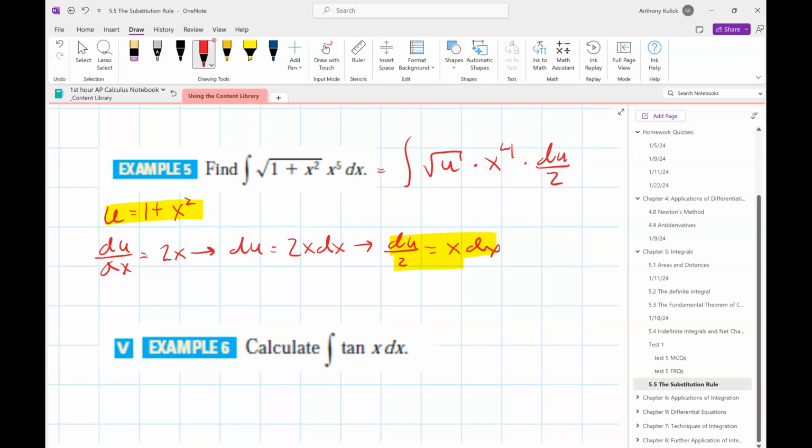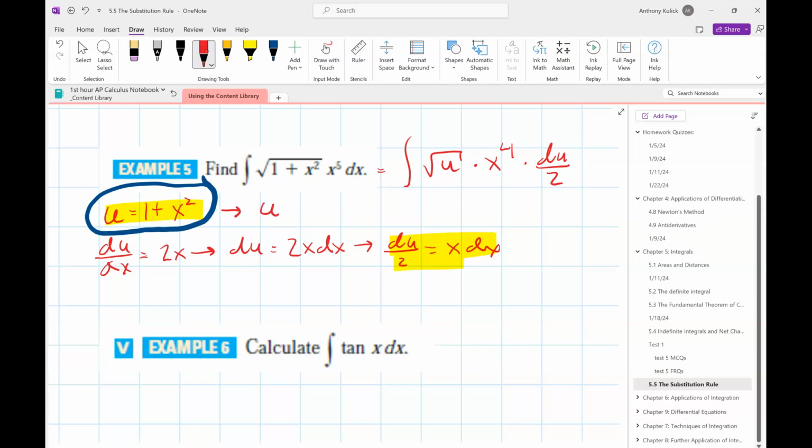Does everybody agree? And what's the problem here? We still have x's, right? We can't really start integrating until it's all u's. This is going to be my key, I'm going to have to work with this a little bit more.